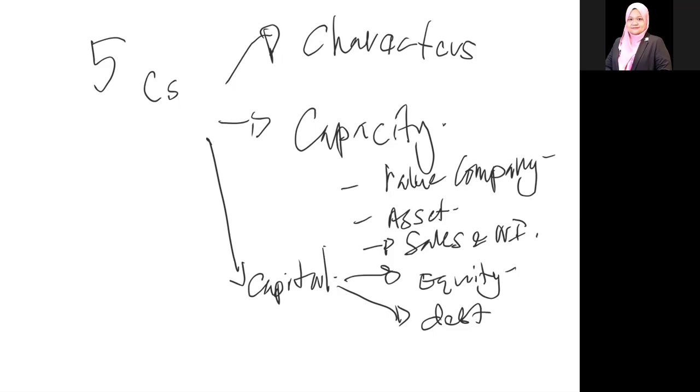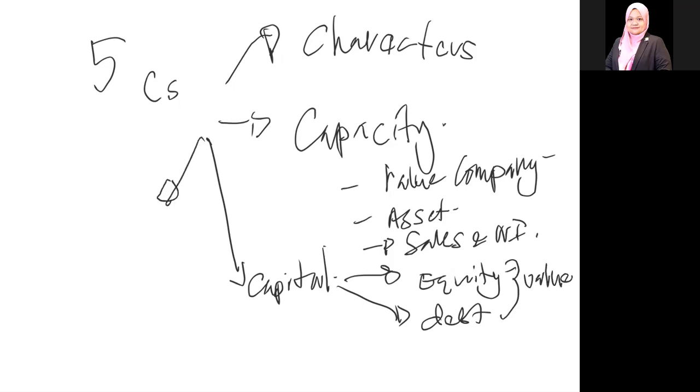We will see whether the company belongs to debt or to a collective of owners, which is the equity owner. Right, so that's capital. Capital will show the stability of the company, whether the company is stable or not. It also will explain to us the value of the company. How much is the value of the company?